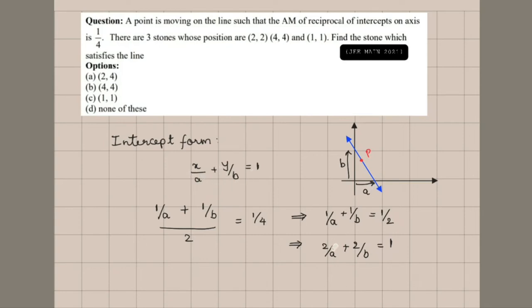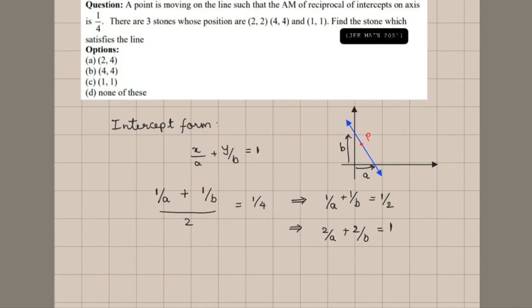If you observe these two, (2, 2) lies on the line. Because if you substitute (2, 2) here, 2 by a plus 2 by b equals 1, which we got here. So (2, 2) lies on the line. So the answer is none of these.